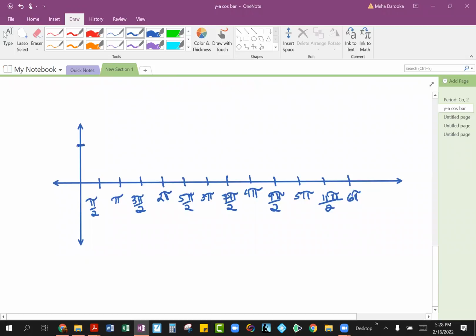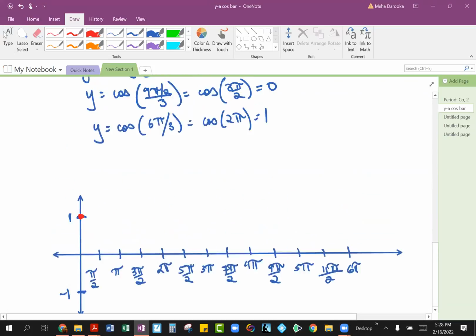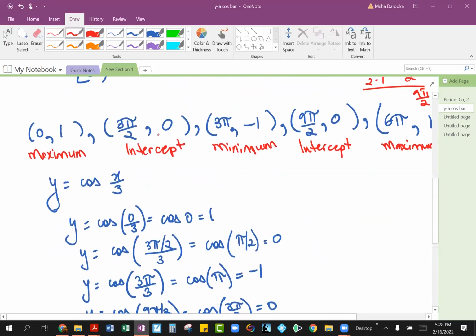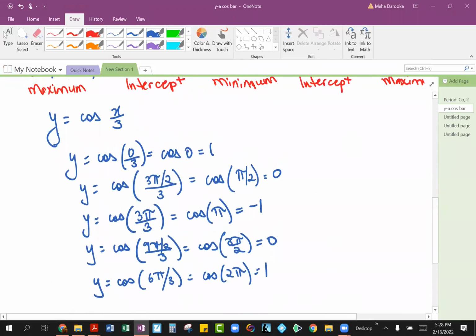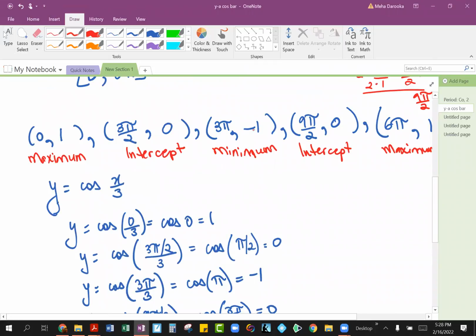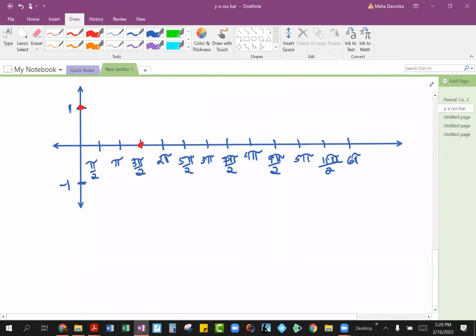So let's do +1 here, -1 here. So 0 and 1 at a maximum, which is where we started at. Then at 3 pi halves, we had an intercept. So 3 pi halves, an intercept. At 3 pi, we had -1.